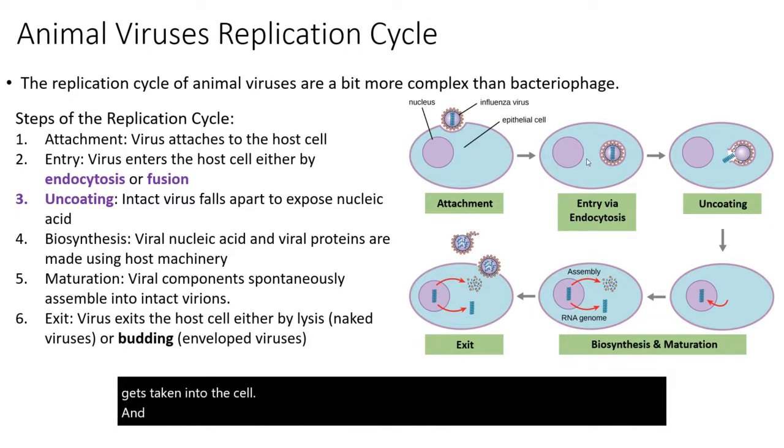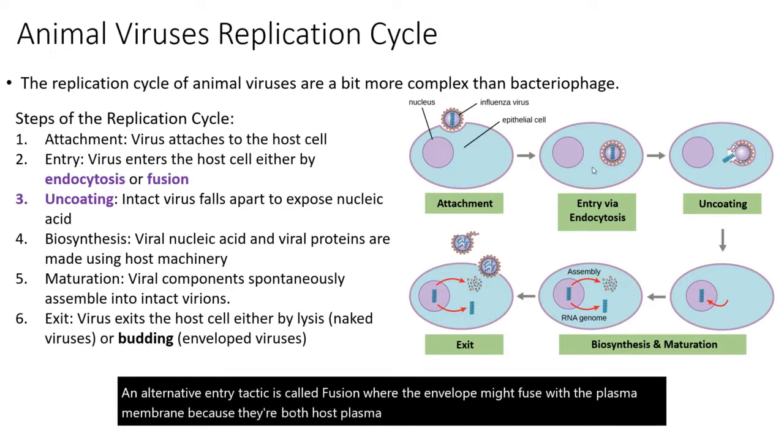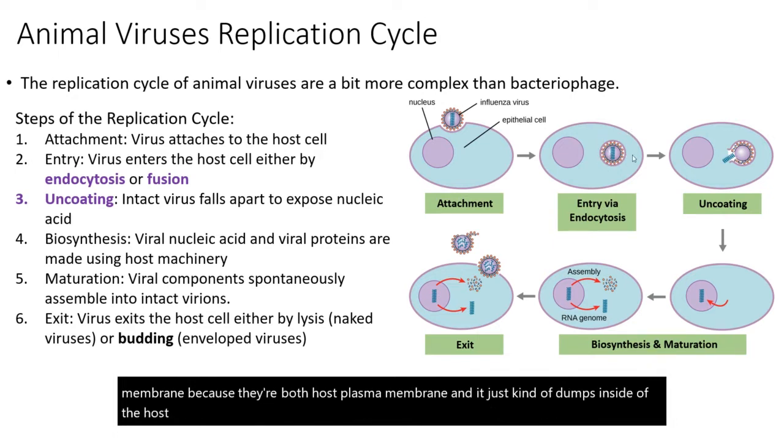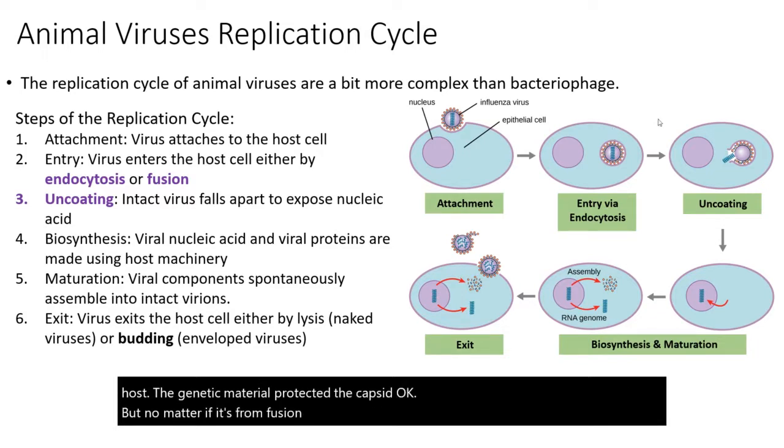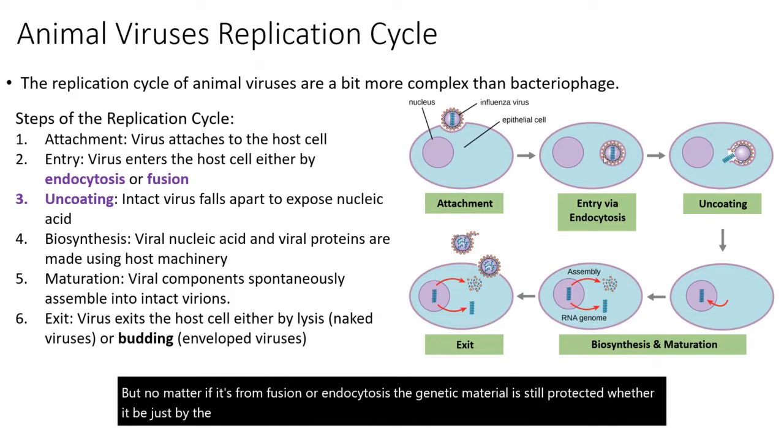An alternative entry tactic is called fusion, where the envelope might fuse with the plasma membrane because they're both host plasma membrane, and it just dumps inside of the host the genetic material protected by the capsid, okay? But no matter if it's from fusion or endocytosis, the genetic material is still protected, whether it be just by the capsid or by the envelope and everything else, okay?